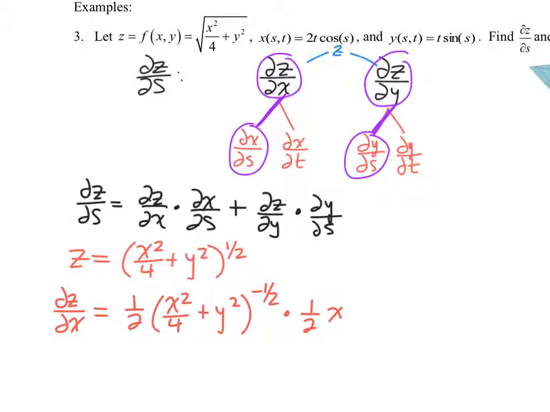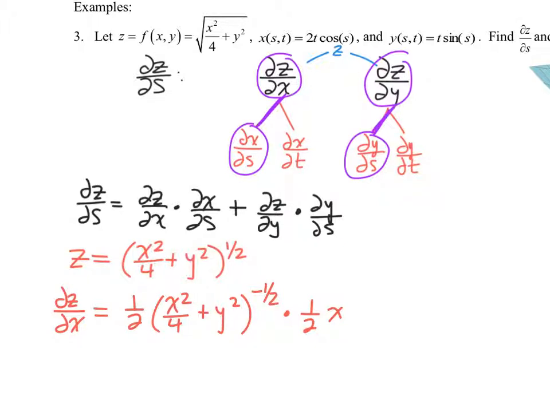No, he's not saying divide. The partial derivative of z with respect to s is the consequence of this diagram, which is this times this plus this times that. Oh, that's what it was. Okay, all right, so we'll clean that up.